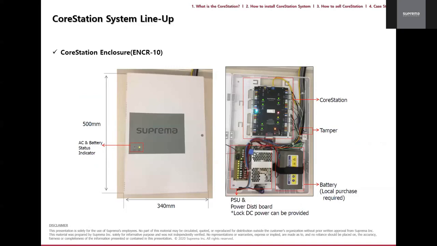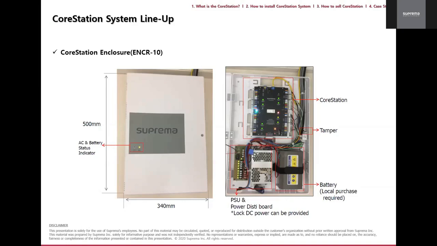Also, if you're wondering, the CoreStation does come with an enclosure, so it doesn't come by itself in a little smaller packet. It comes with a big enclosure, which is pretty much 500 millimeters in height and 340 millimeters in width. It also has an AC and battery indicator to let you know whether you're using the AC or the backup battery.